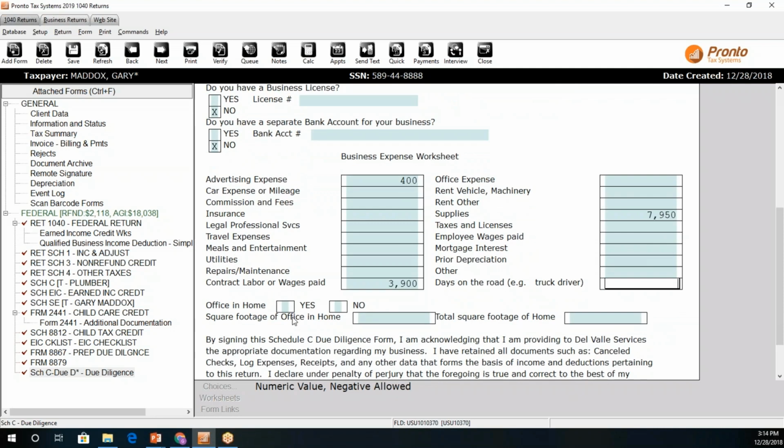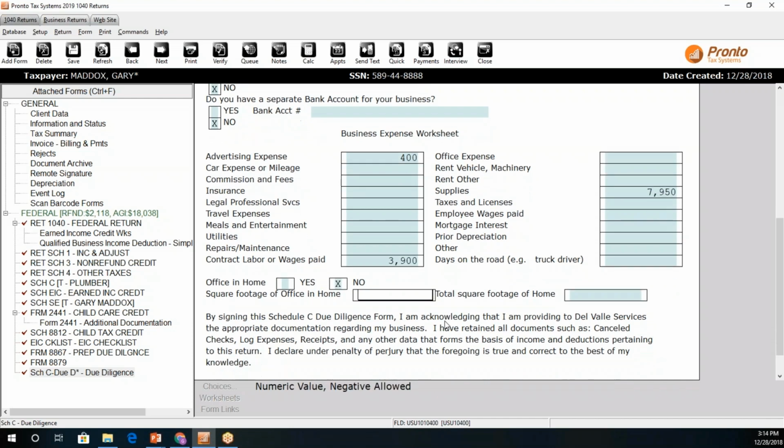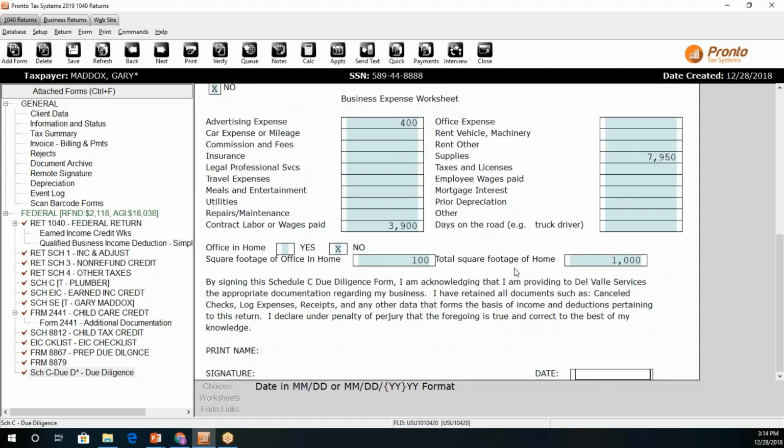He's got a desk, computer, things like that. So he did not want to deduct that. The square footage, the answer is no. So square footage, office in home, he doesn't really have to state anything. But if he had one, he could put like 100 square feet of the 1,000 square feet of his home, if he wanted to do an office in home. And then he must sign it, print his name, and date it. Okay, so that takes care of due diligence.